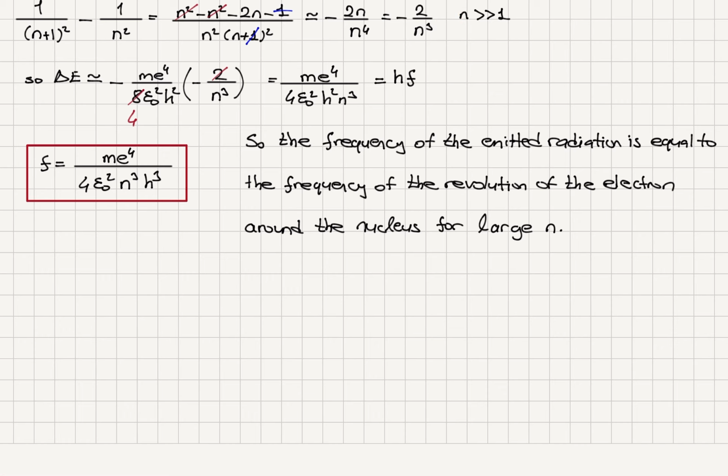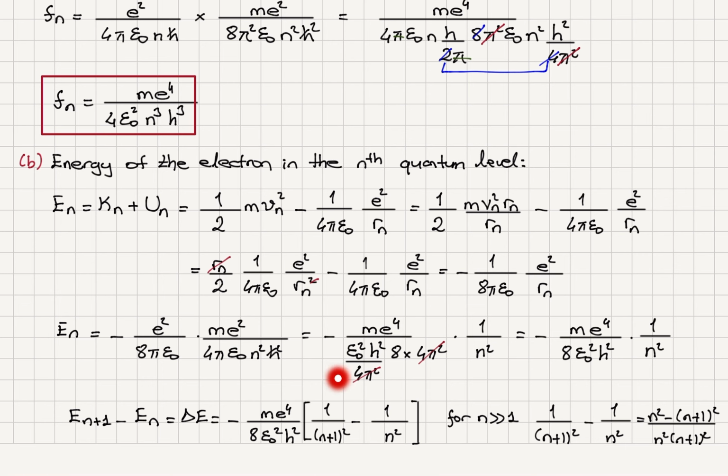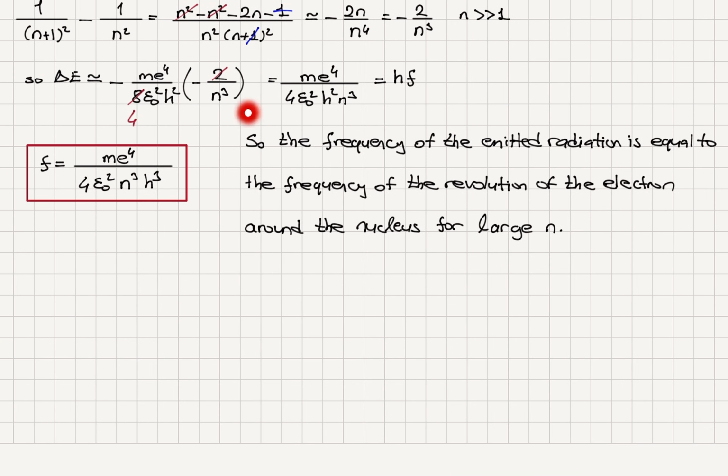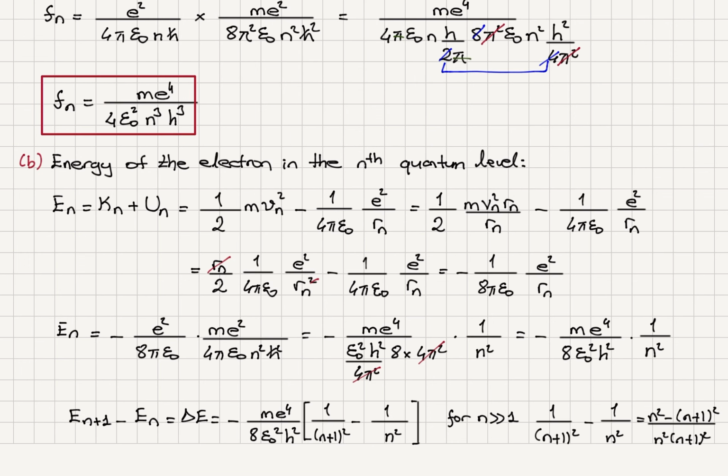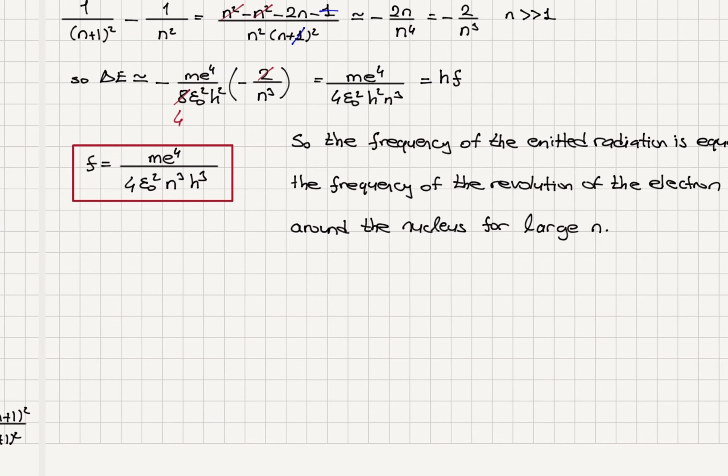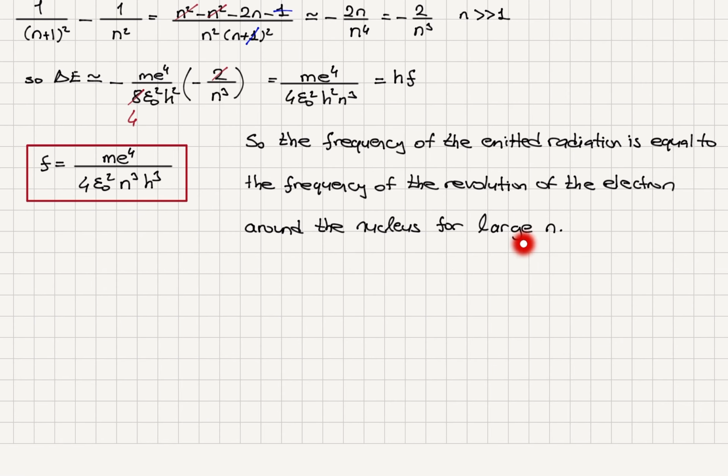Substituting this result into delta E, we obtain the energy difference between the two levels, which should correspond to the energy of the emitted photon, emitted radiation, h times f, and that gives us the frequency of the emitted photon to be equal to the frequency of revolution of the electron around the nucleus, which is true for large values of n. So Bohr's correspondence principle works.